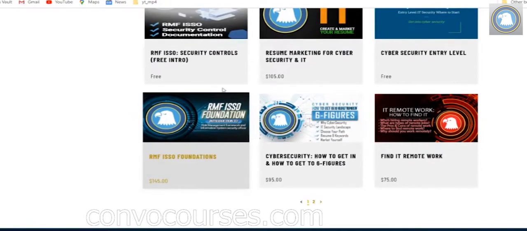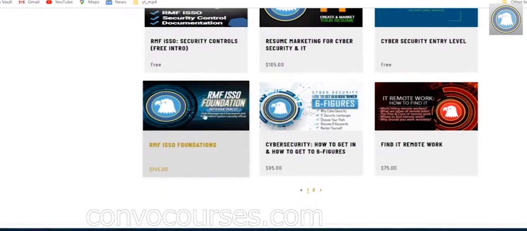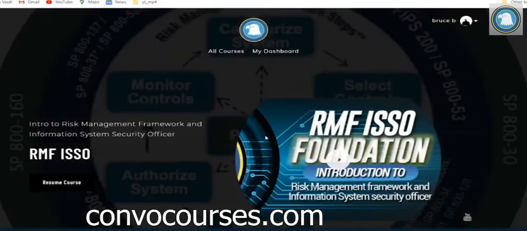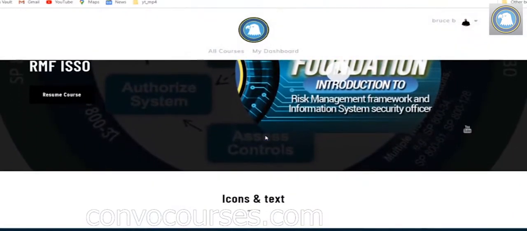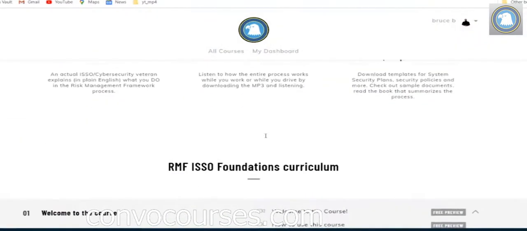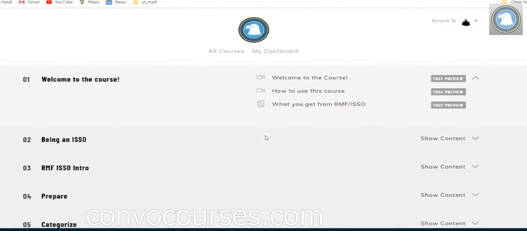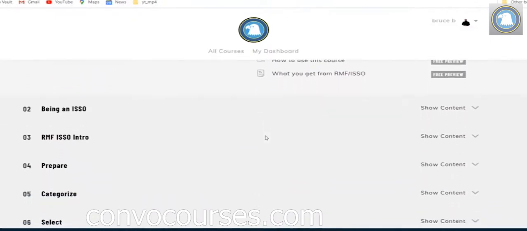If you don't know anything about risk management framework and you're trying to get yourself into the market, this risk management framework foundations is the one you want to start with. It's going to break down the entire process in a practical way. It's not talking about anything that you don't need.